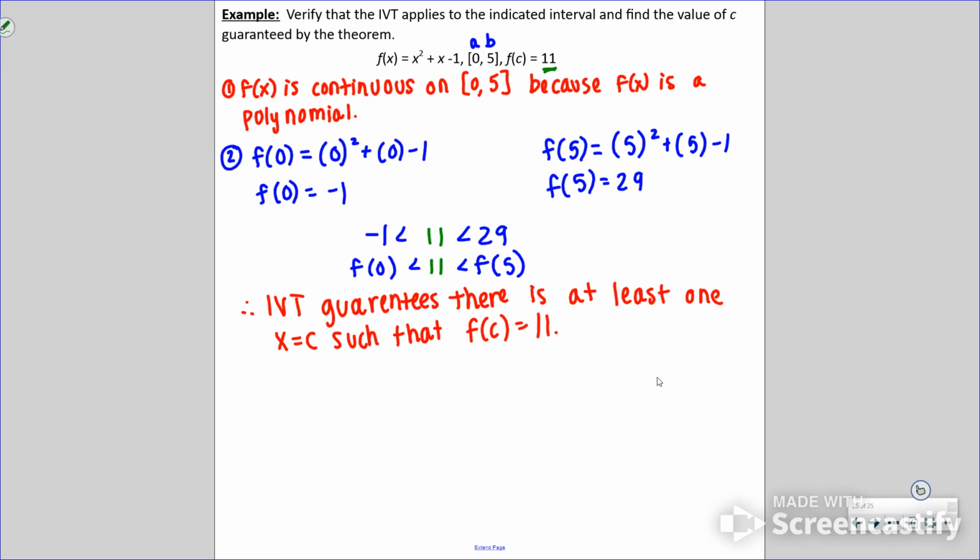Now we have to find the value of c. Well, f of c would mean just plug c in here. So this would just be c squared plus c minus 1, and we know that equals 11. Okay, so we can actually do this by hand. If you want to use the variable x, you can. It doesn't matter. This one we can factor. So minus 11 more.